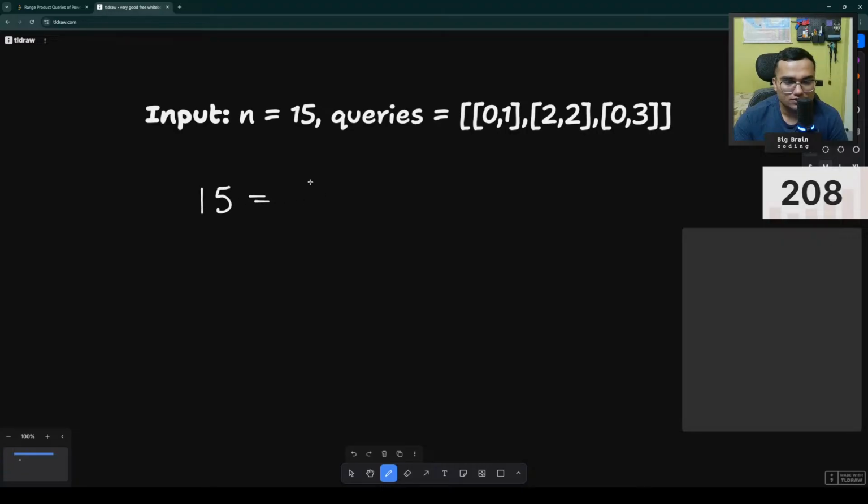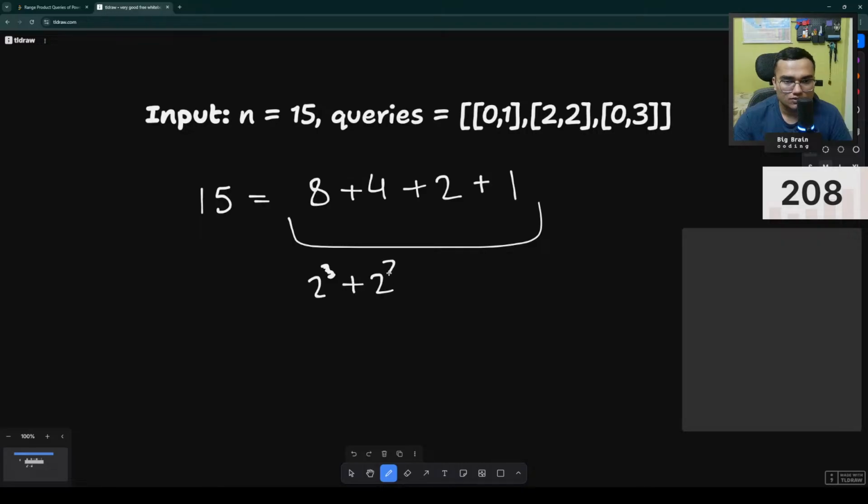I can say this is 8 plus 4 plus 2 plus 1, right? So this is 2 to the power of 3 plus 2 to the power of 2 plus 2 to the power of 1 plus 2 to the power of 0.